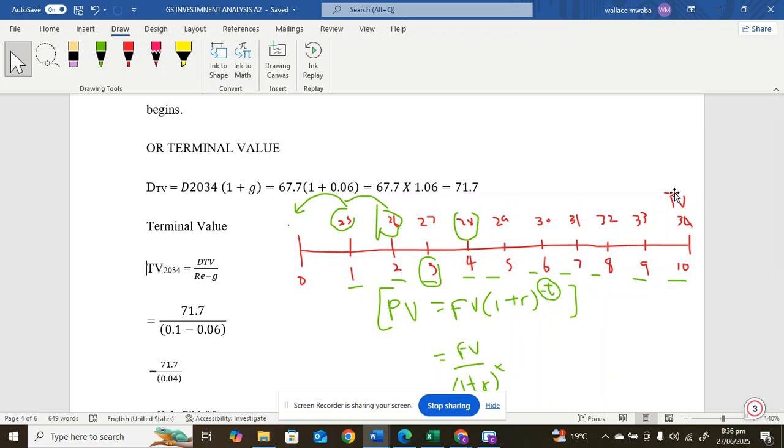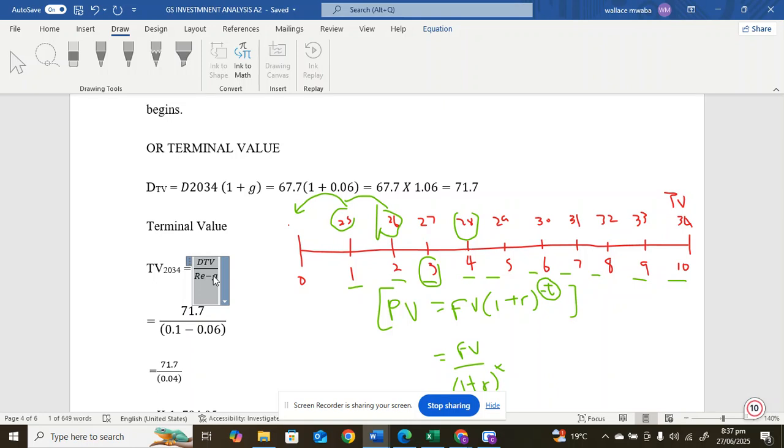So the first thing we did, we got our terminal value. This is the formula for the terminal value. It is the same formula we also use in the constant growth model, where the dividend just grows at a constant rate forever.